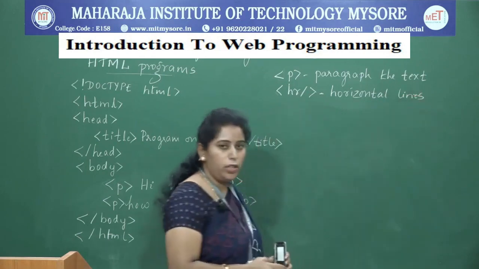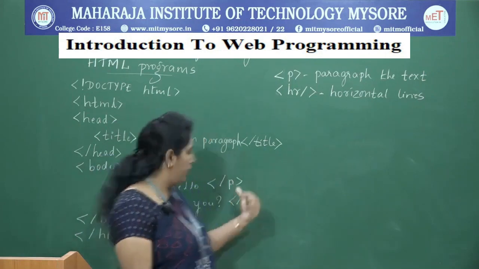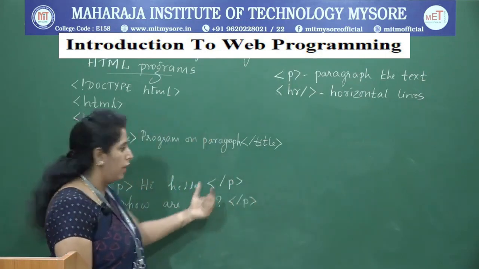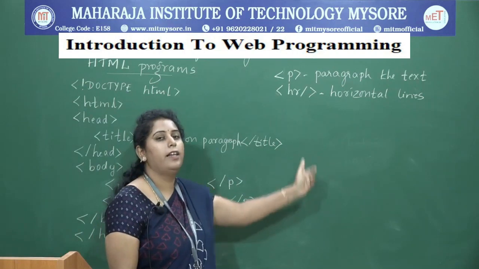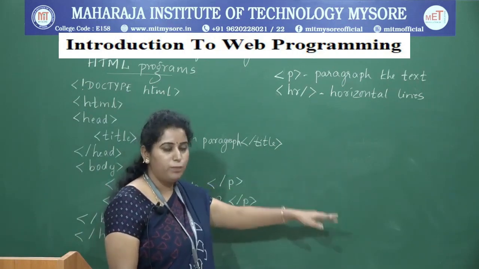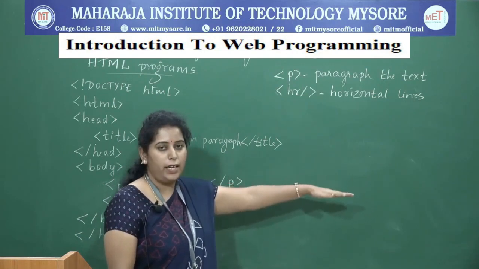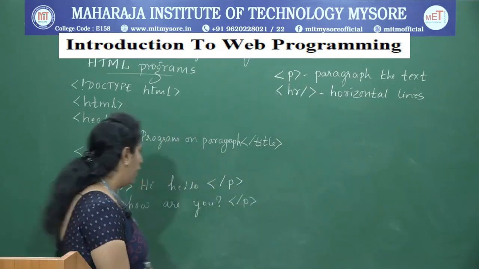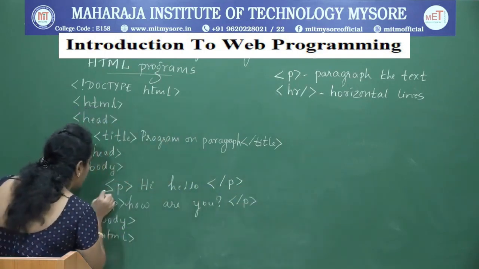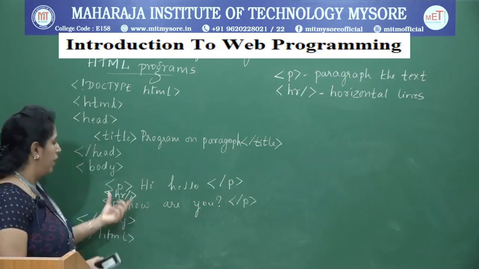See here, for this given program, the output was printing hi, hello in one line and how are you in another line, right? If you want to separate them by a horizontal line between these 2 lines, you can use HR like this in between.